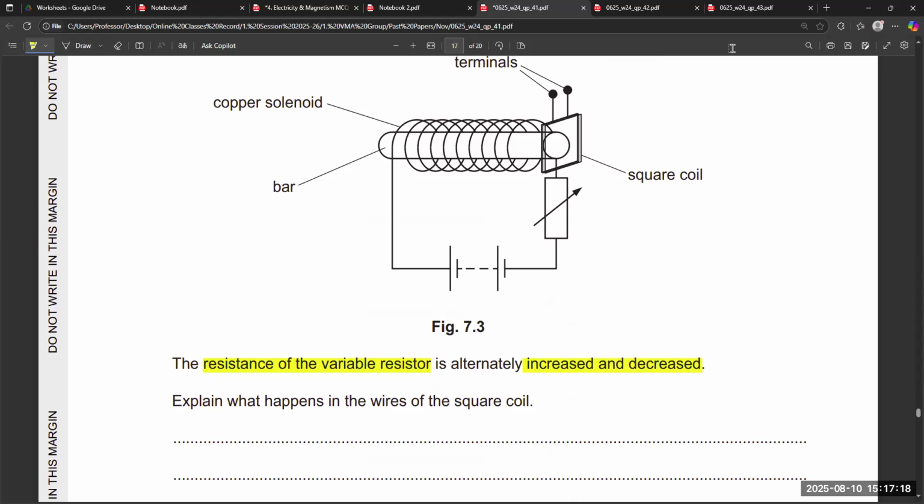Explain what happens in the wires of the square coil. So this is the square coil around this bar. Definitely when current passes through the coil, it generates a magnetic field and it also magnetizes the bar inside the copper solenoid. And that magnetic field also affects this square coil, which is placed on the right side of this copper solenoid.